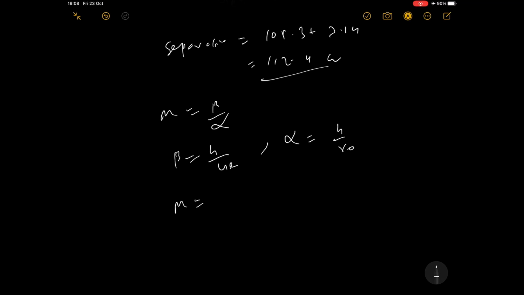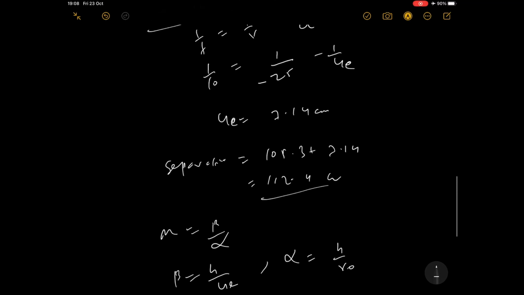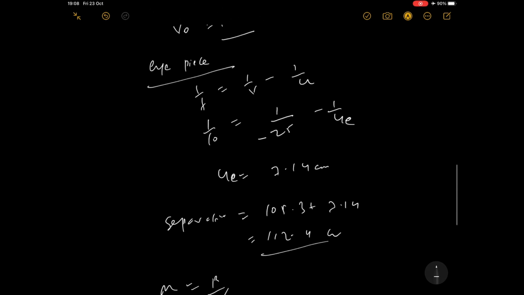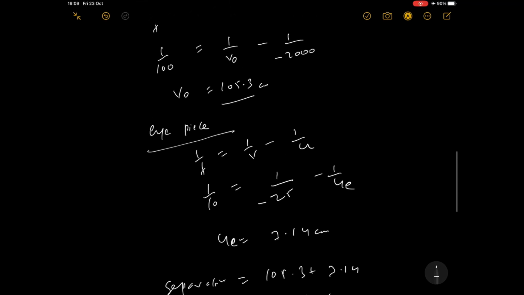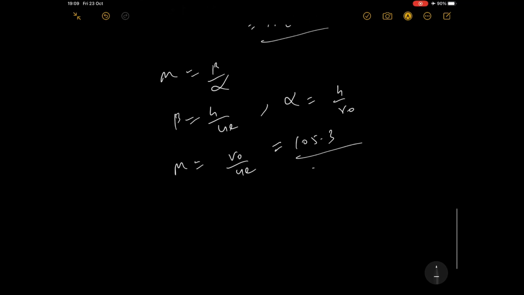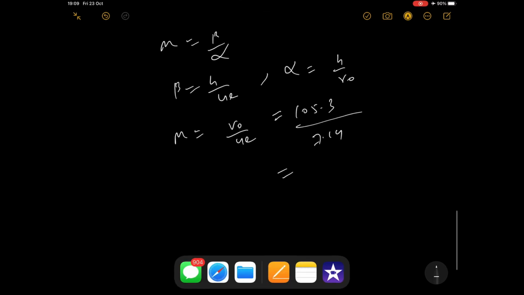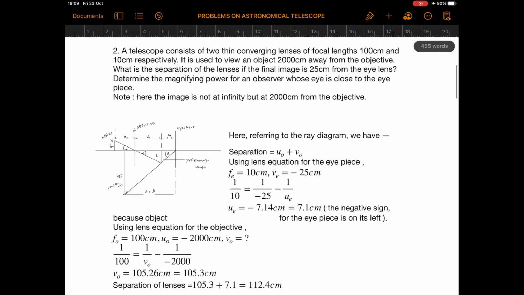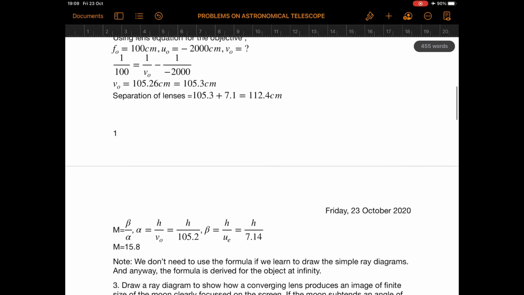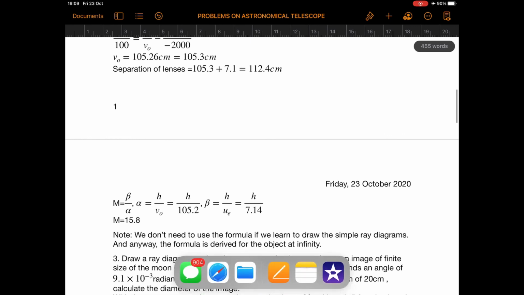So magnification is VO by UE. So we have found VO to be 105.3 and we found UE to be 7.14. So when you do the calculation, which we have already done in our problem, we find it is 15.8.